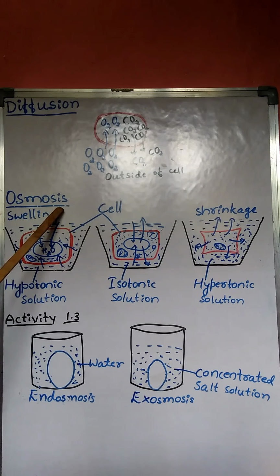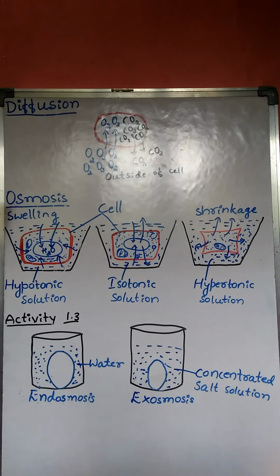Osmosis is the movement of water molecules from the region of its higher concentration to the region of its lower concentration. That means in this condition the movement of water molecules takes place from outside to inside of the cell. Here you can observe the movement of water molecules from outside to inside of the cell.